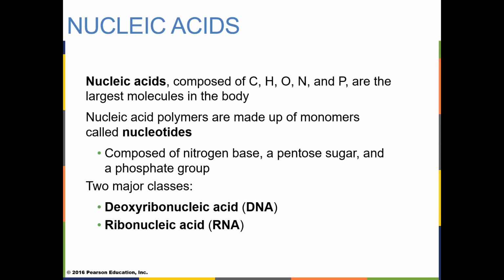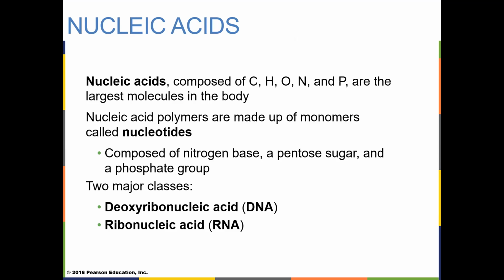They're all made of these nucleotides. A nucleotide has a base with nitrogen in it. It has a 5-carbon pentose sugar, and it has a phosphate group attached. So a nitrogen base, a pentose sugar, and a phosphate group. This is what a nucleotide is made of.